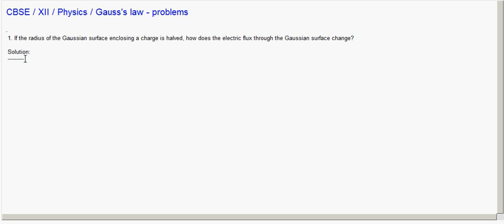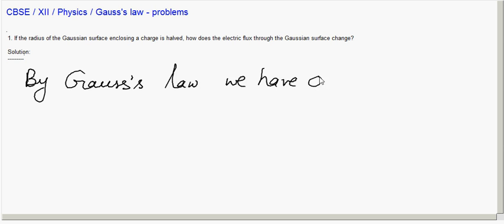the flux is given by Q by epsilon naught. By Gauss's law, we have flux as Q by epsilon naught.